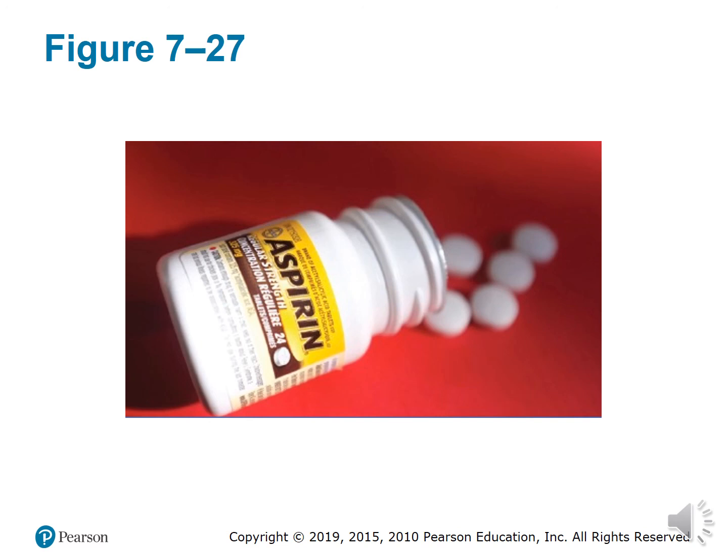I can't say that I've seen it as of late, but when someone is at risk for a stroke or heart attack, they're typically prescribed or recommended to take an aspirin a day to keep the blood thin, so there is no buildup causing a stroke or a heart attack.